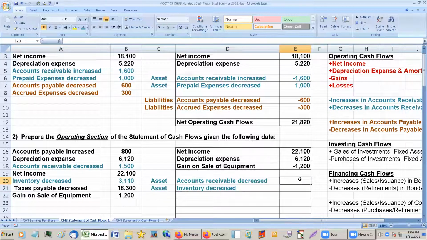They both decrease, and assets go in the opposite direction, so they will increase.